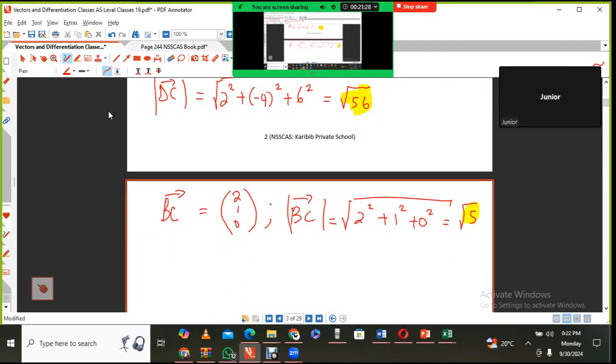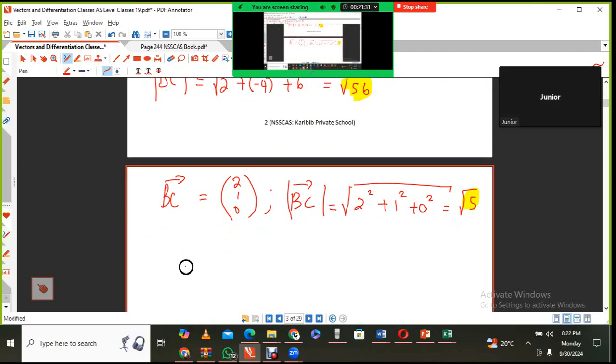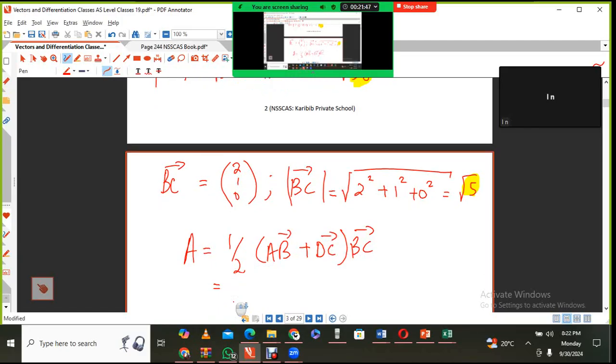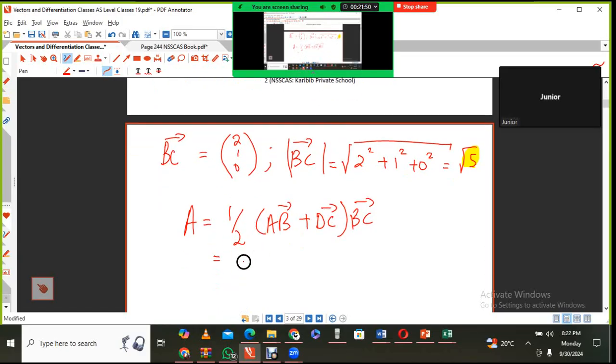Now we find the area. So the area would be half times AB plus DC, multiply that by BC. Are we together? So it's 0.5 in brackets, AB, that was the square root of 126, plus the square root of 56, multiply that by the square root of 5.